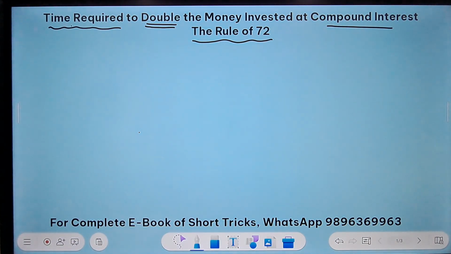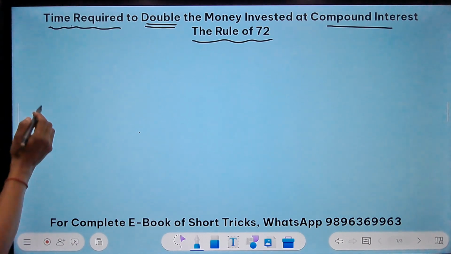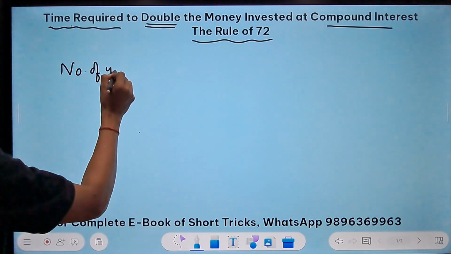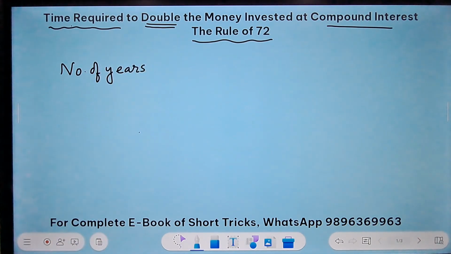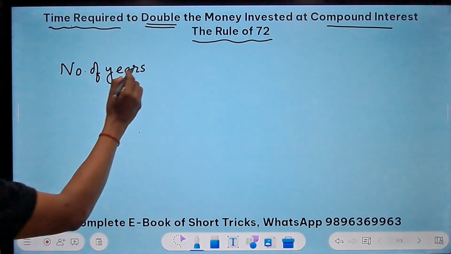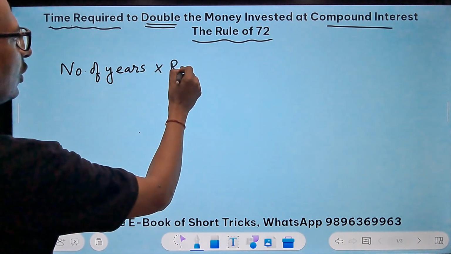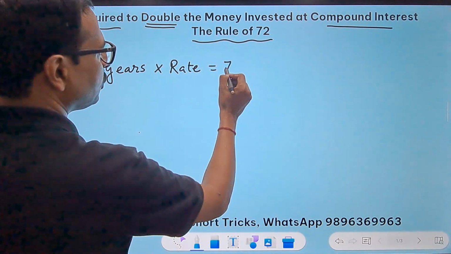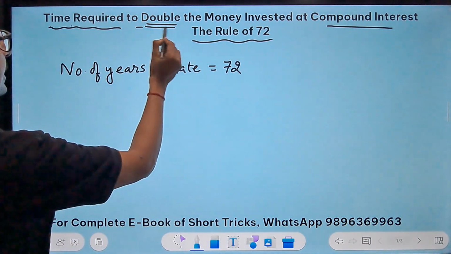If you multiply the number of years for which the investment is made by the ROI, that is the rate of interest, you always get 72 when it is a question of doubling the money.